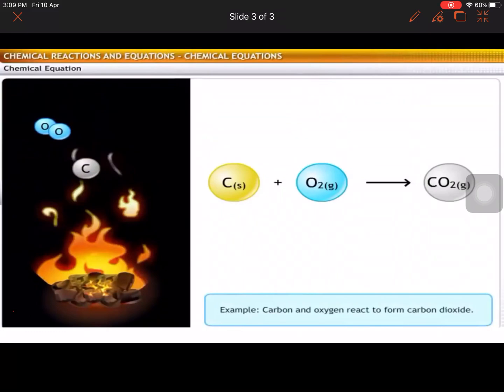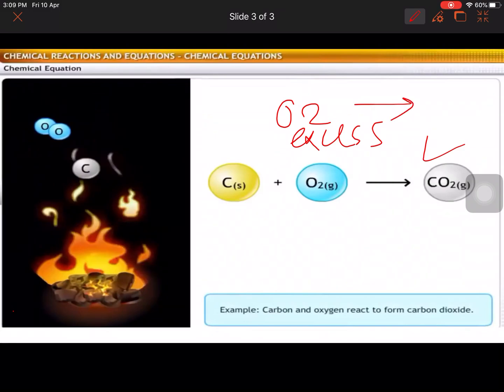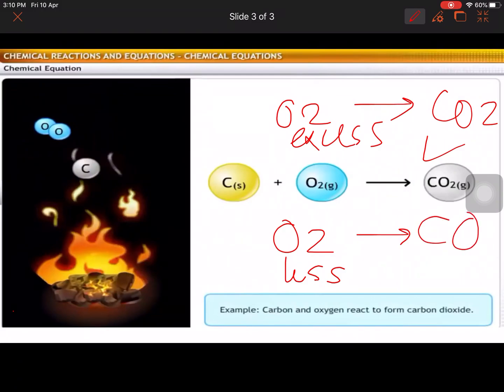When a carbon compound burns, it gives carbon dioxide. One more thing: if oxygen is in excess, if there is a lot of oxygen in the atmosphere, only then CO2 will form. But if the oxygen is in less amount, what will it form? Carbon monoxide, right? So this must be understood.